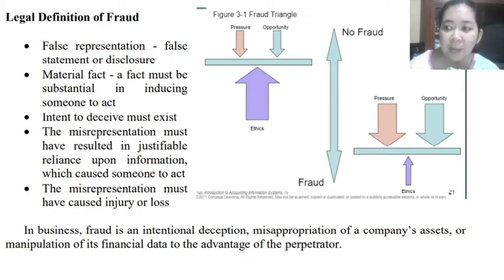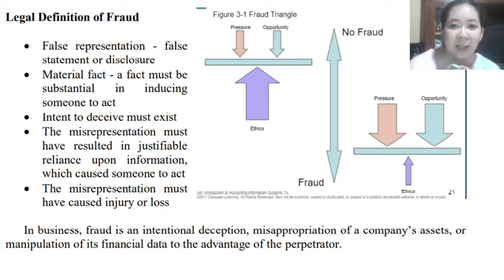Because of that, the other party decided otherwise. If they only knew the real picture of, for example, the financial status of the entity, then they would have decided the other way. But because this is what was represented to them, this is what they chose.